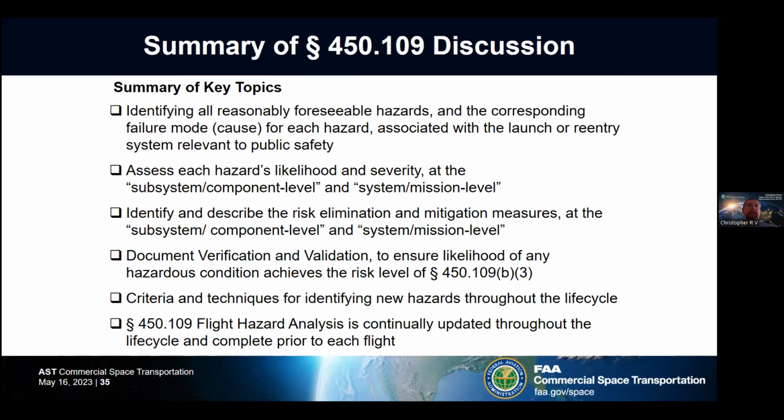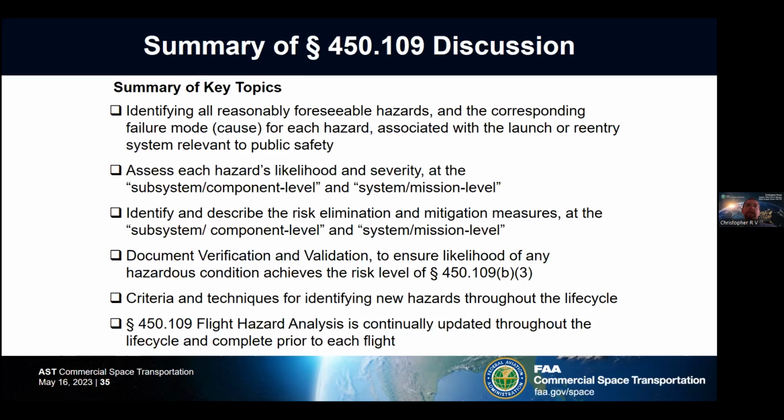So, summarizing the key topics in the discussion of 109: all reasonably foreseeable hazards must be identified, along with the causes for each hazard associated with the launch or reentry system relevant to public safety. Each hazard must be assessed for severity and likelihood at the subsystem component level and system mission level. Risk elimination and mitigation measures must be identified and described at the subsystem and component level and system mission level.